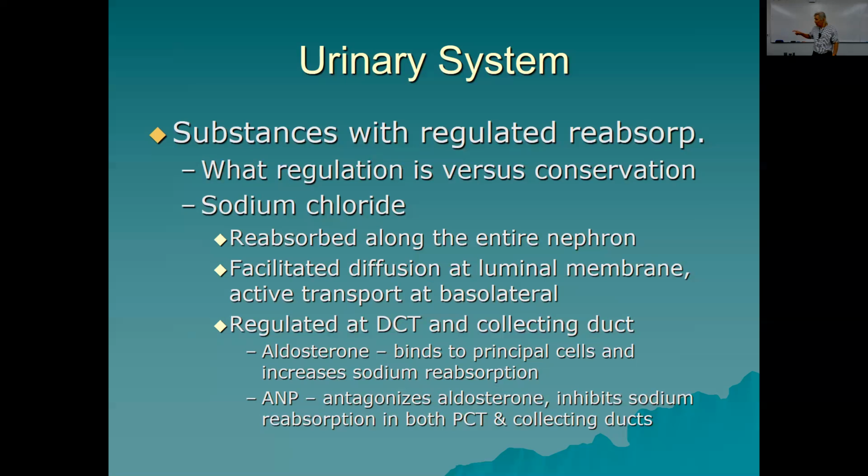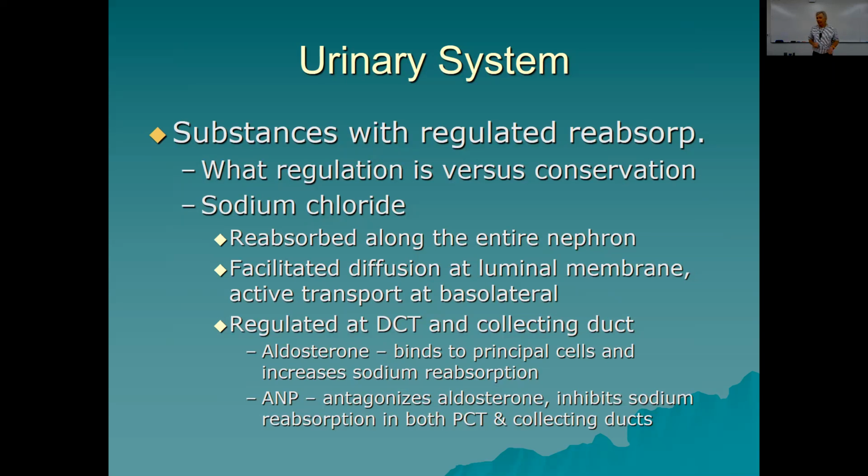Aldosterone binds to principal cells, increases sodium reabsorption. So if aldosterone is present, more sodium is reabsorbed, and more liquid is reabsorbed, it follows the sodium. ANP, exact opposite, antagonizes aldosterone, inhibits sodium reabsorption in both the PCT and collecting duct.